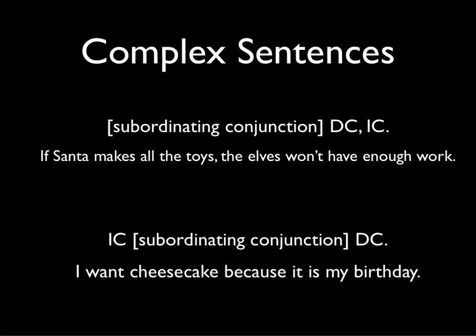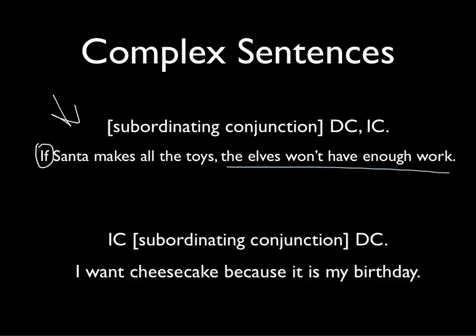Now, looking at these sentences as examples, we'll identify the subordinating conjunction, the dependent clause, and the independent clause. First sentence right here. If Santa makes all the toys, the elves won't have enough work. Well, first I see that I do have a subordinating conjunction. It's this if. I might also want to identify the independent clause first. The elves won't have enough work.